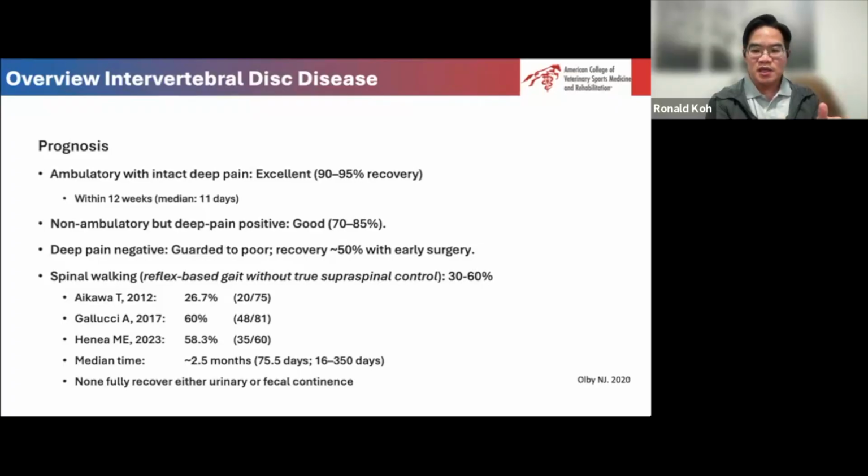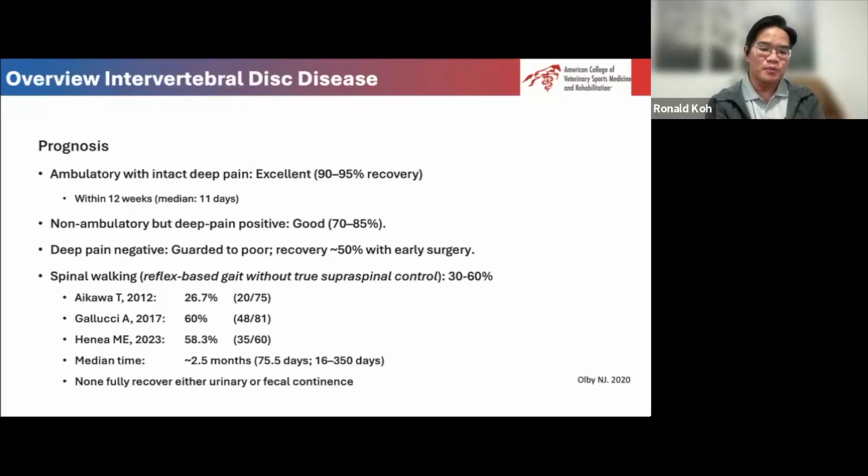The Gallucci study even showed that younger dogs, younger than 5 years old and less than 8 kilograms, that started early rehab have a better chance to become spinal walkers. In the most recent study, in 2023, again almost 60% of the dogs with no deep pain became spinal walkers.